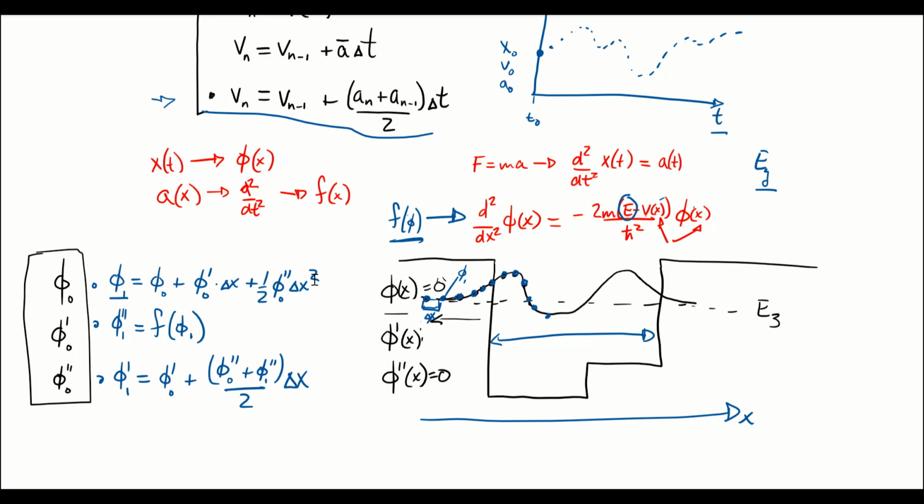If our solution ends up looking something like this, we know that's not the right solution we were looking for. So then we would change our energy guess. We know what this V naught is in terms of energy, so we can say, all right, if this is 0, that's V naught.